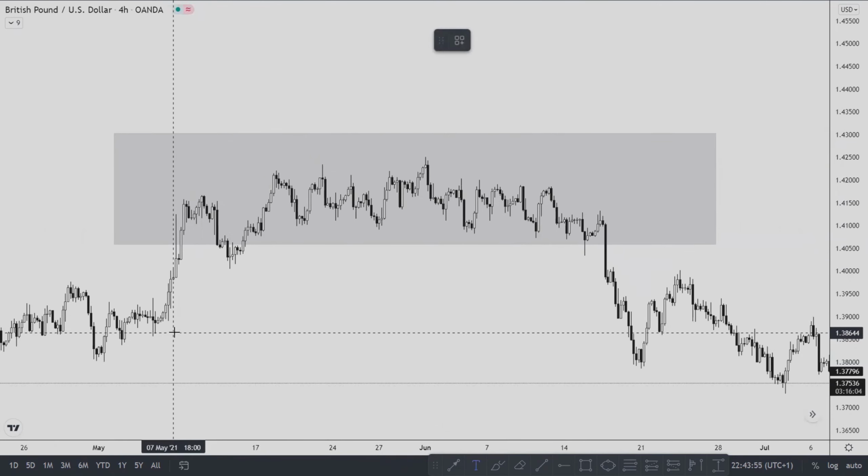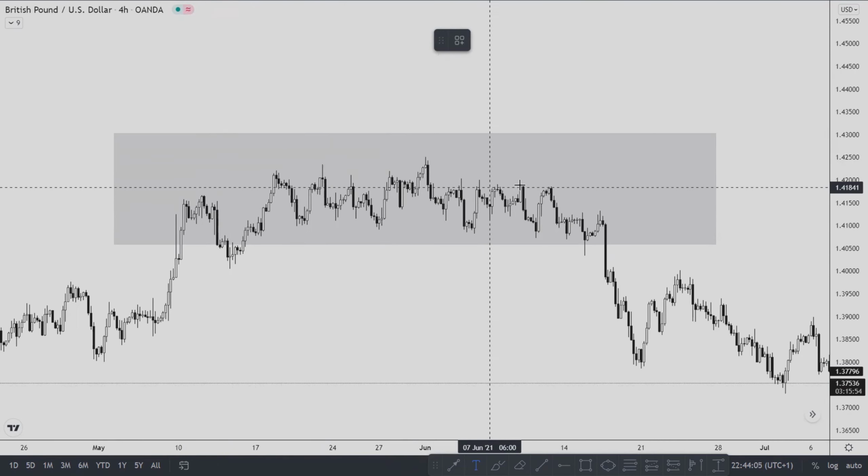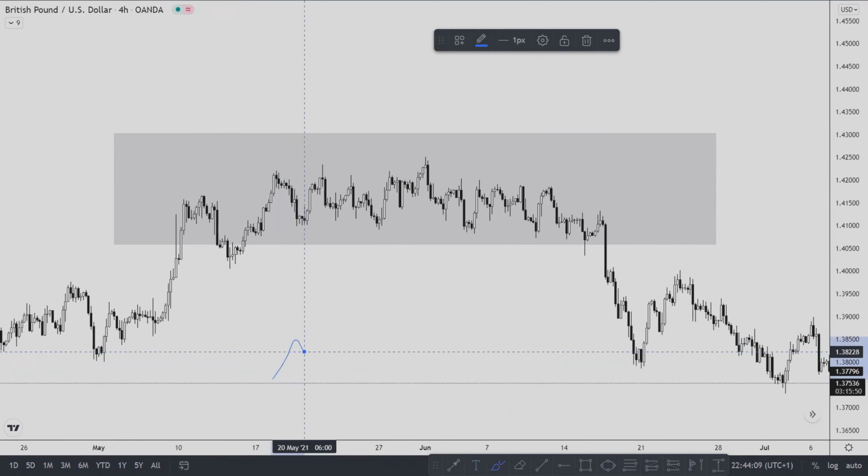Like I mentioned in the previous video, the PS in distribution is the high before the market starts going sideways. So the market will reach this point and then start going sideways. That point, this area here, is my PS.